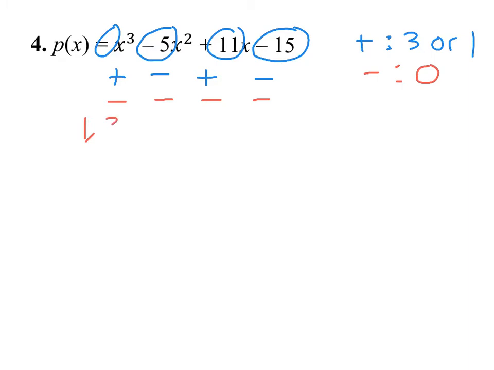So it's either going to be 1, 3, 5, or 15. So those are the possible rational roots. We know that 3 of them could work, or maybe only 1 of them works, and then the other 2 are imaginary. So let's set up our synthetic division.